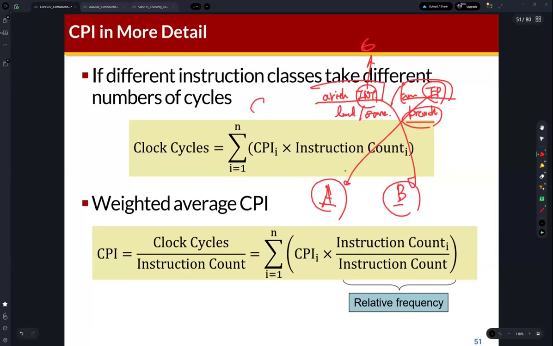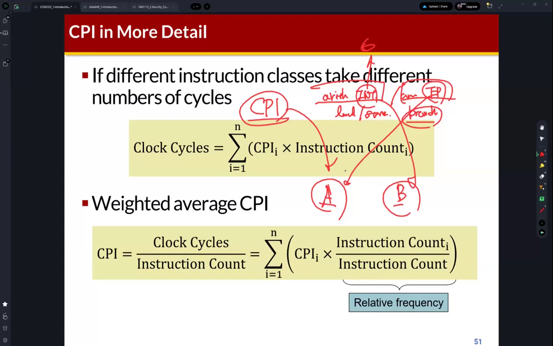The CPI is also different for different applications, because the proportions of instruction types are different. You understand? Okay.